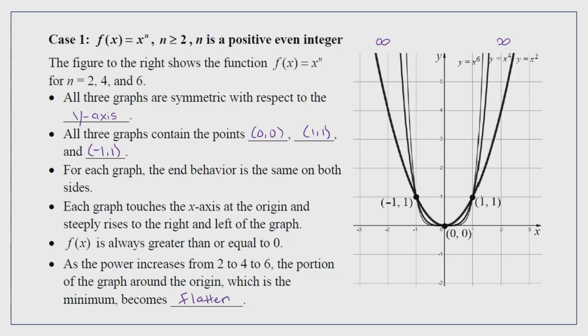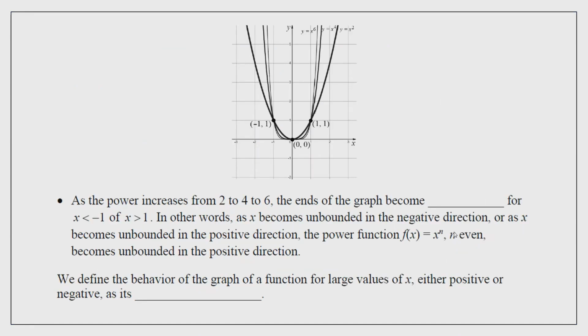So that's this part right here, around the origin. As our exponents get larger, the bottom of the graph becomes more and more flattened. As the power increases from 2 to 4 to 6, the ends of the graph become steeper for x less than -1 or x greater than 1.